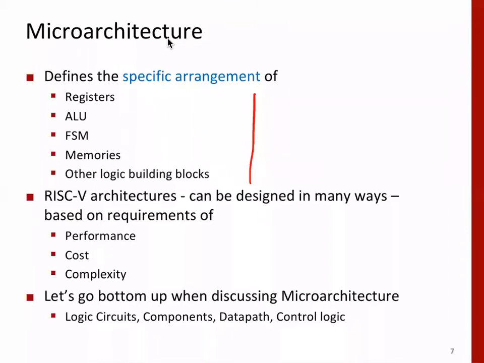How many registers, how many within the ALU, whether it is a single cycle design or multi cycle design or pipeline design, then the depth of the pipeline, how many stages are there in the pipeline, then how many states are there in the finite state machine, what is the size of memory, what kind of memory, what is the memory hierarchy, all that comes in the way you arrange these things. See, for example, if you are asked to build a house for yourself on a piece of land, then I need two rooms for certain things.